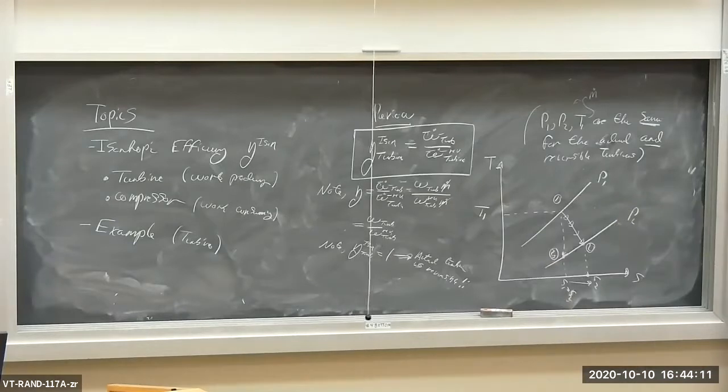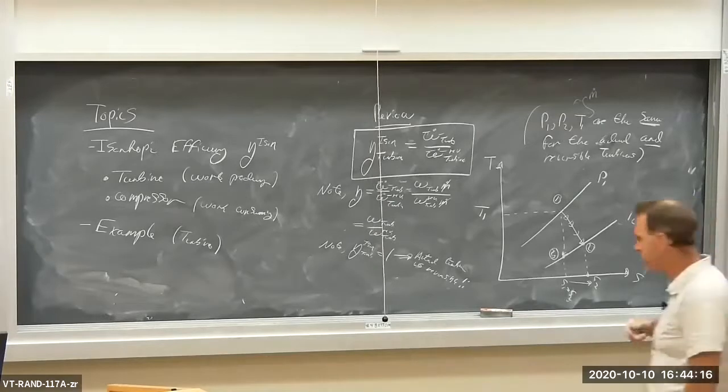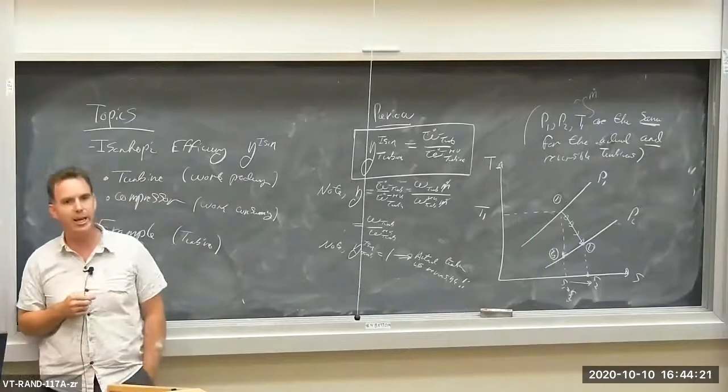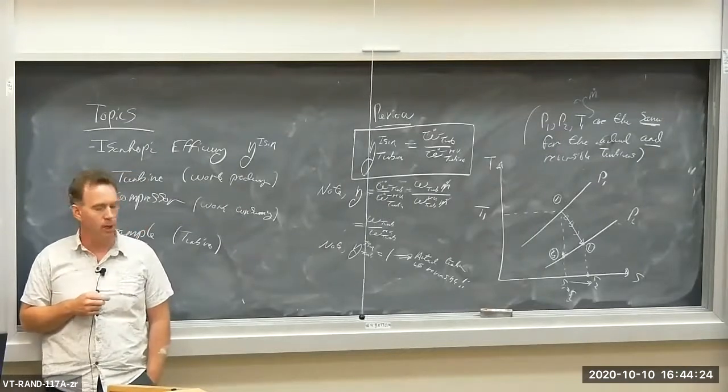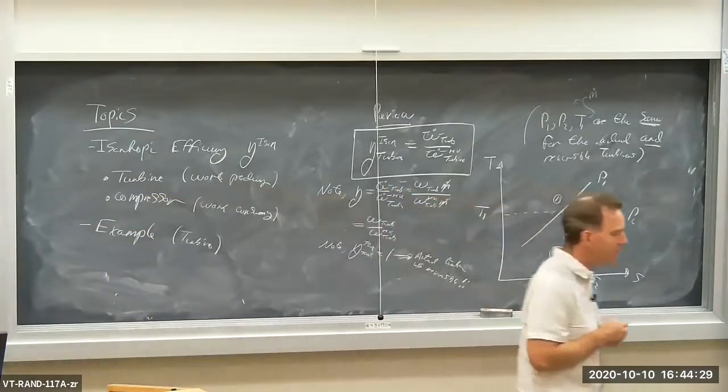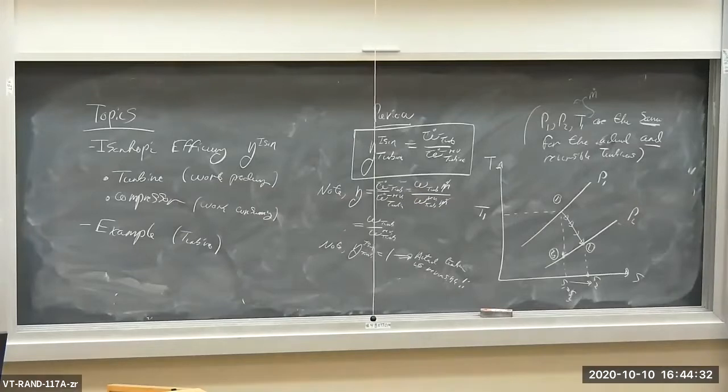Now, this isentropic efficiency is actually used in a lot of places. If you go to work for Pratt & Whitney, Rolls-Royce, GE, and you go into their compressor and turbine divisions and start working on their jet engines or power systems, you're going to be calculating, estimating, using isentropic efficiencies to try to estimate the actual efficiency of your turbine or compressor inside your jet engine compared to the maximum possible or minimum possible works or powers for the isentropic or reversible devices.